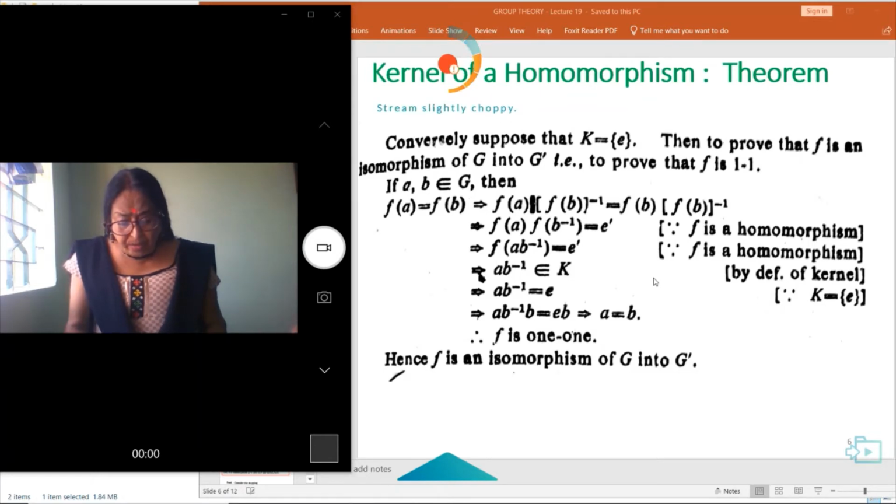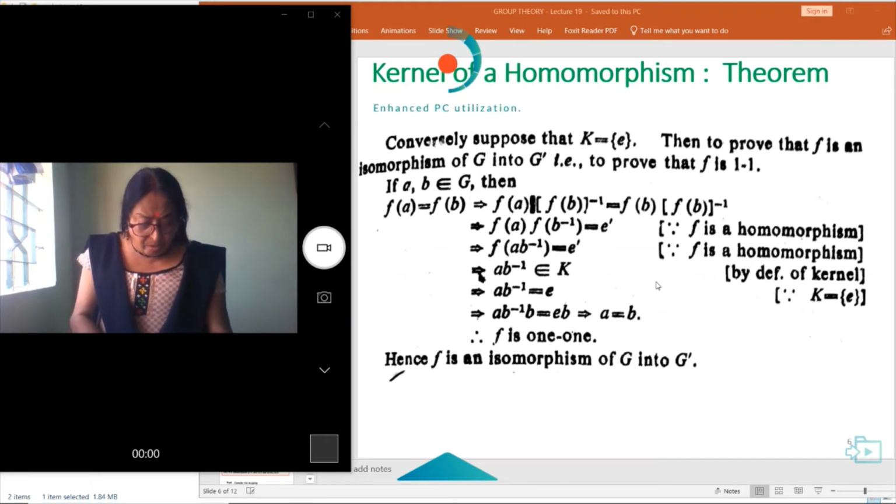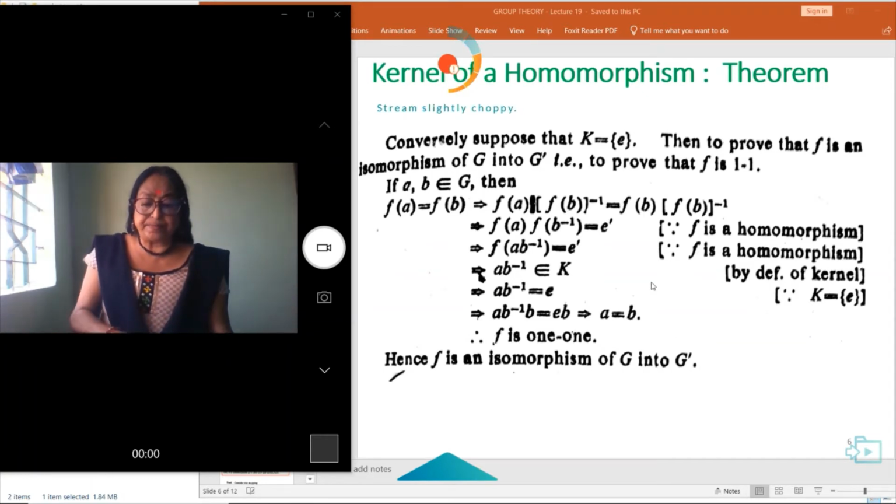So f(a) f(b)^-1 is equal to e'. So f(ab^-1) is equal to e'. So ab^-1 belongs to K. So ab^-1 is equal to e, that is, multiplying both sides by b, ab^-1 b is equal to eb, so a is equal to b. So f is one-one. f is an isomorphism of G into G'.